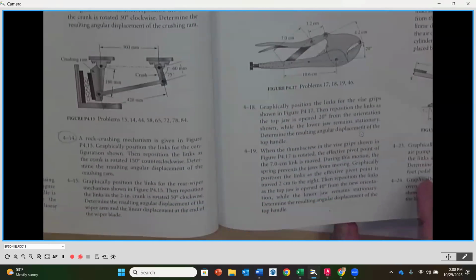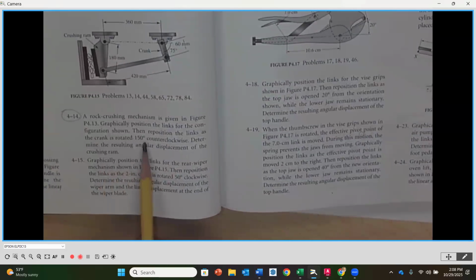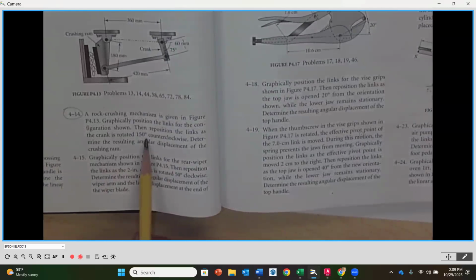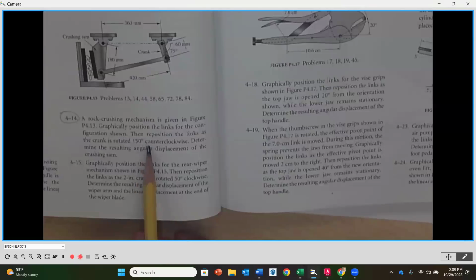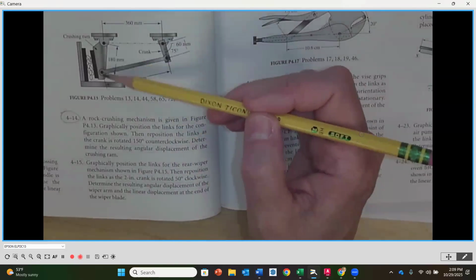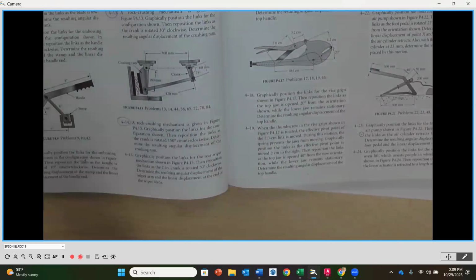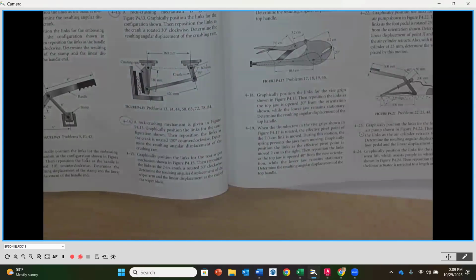And then in the second one, you're going to reposition the link so that the crank rotates 150 degrees counterclockwise, right? And then you're going to measure the angular displacement that your crushing ram makes in each case. So again, angular displacement is going to be degrees, not linear displacement. So those are the first 6 problems with mobility calculations for each.